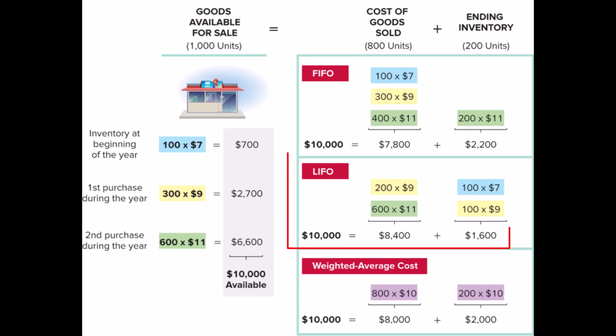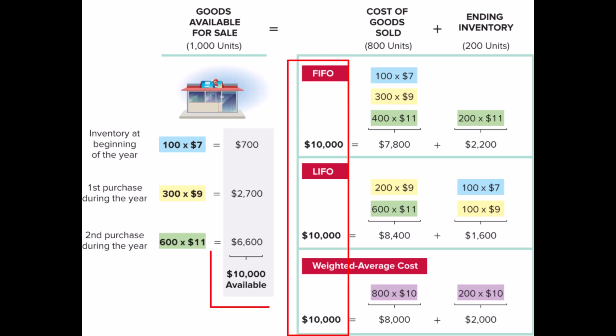Under LIFO, we get a cost of goods sold of $8,400 and ending inventory of $1,600. And with weighted average, we get a cost of goods sold of $8,000 and ending inventory of $2,000. Notice that for every method, the cost of goods sold plus the ending inventory always equals our $10,000 cost of goods available for sale.